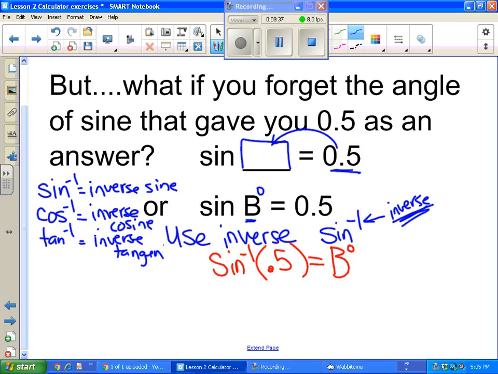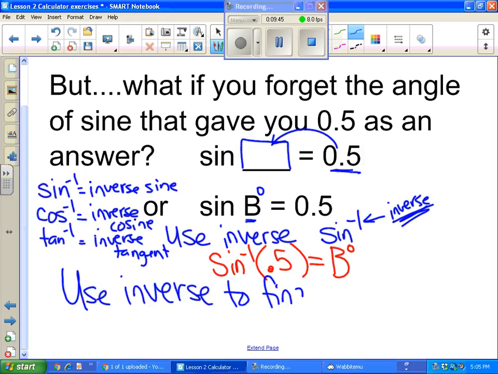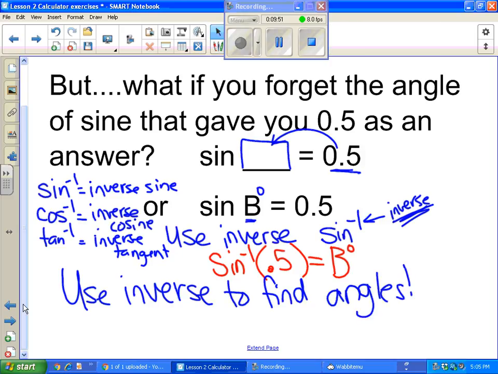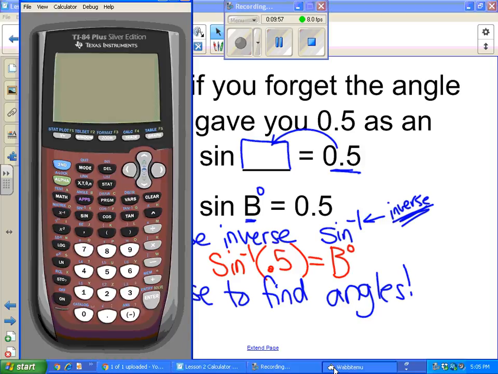And here's the biggest idea for this slide. Use inverse to find angles. If you have the answer and you have to work backwards to figure out the angle, then you need inverse cosine, inverse sine, or inverse tangent. All right, so let's see what we got here.